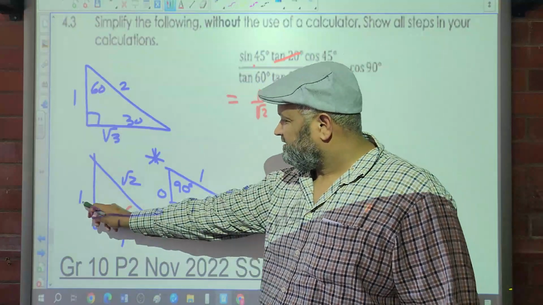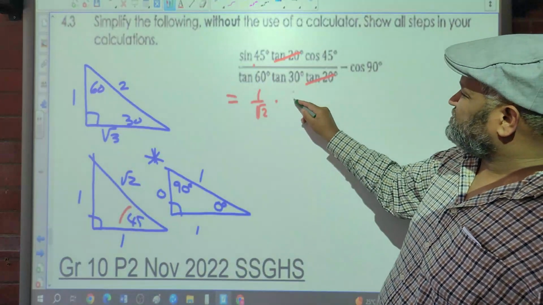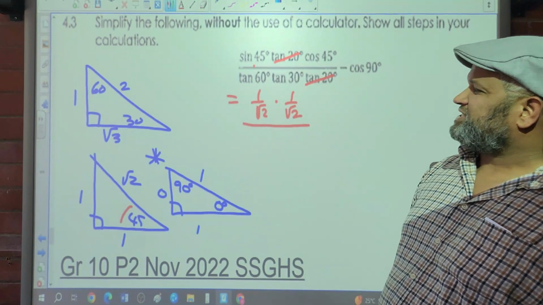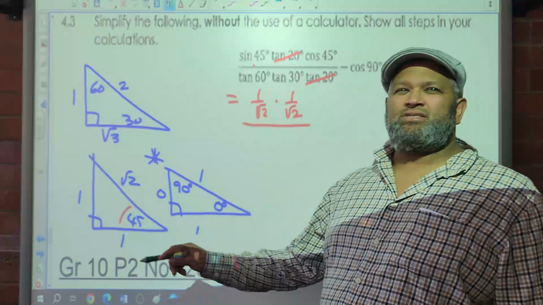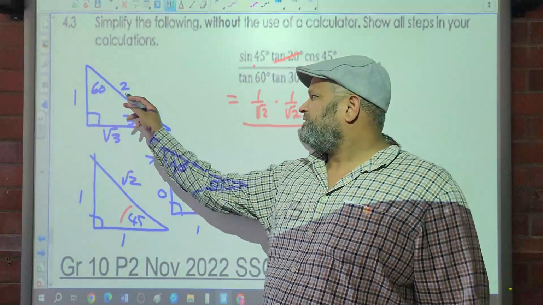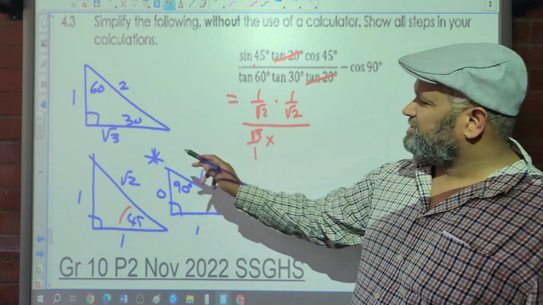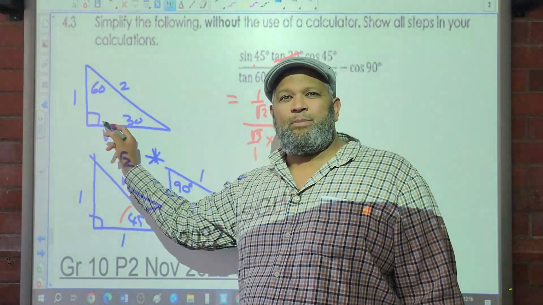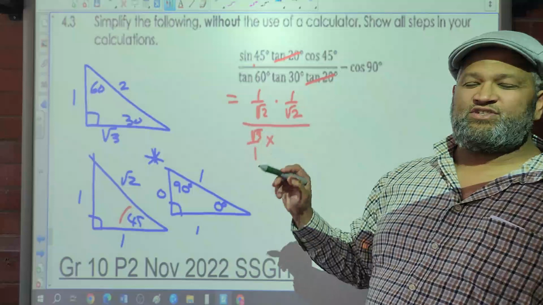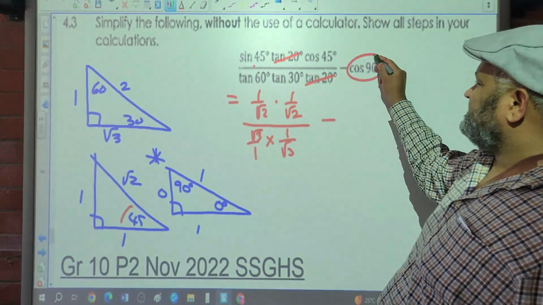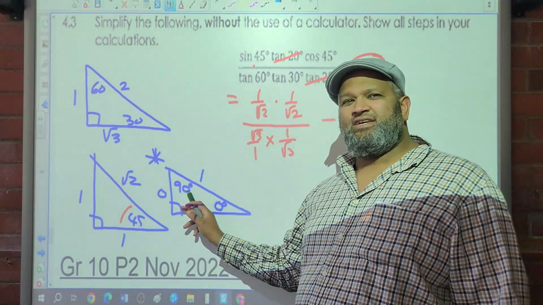Sorry about that. So it's adjacent over hypotenuse, which is 1 over root 2, not so? Over tan of 60. Tan is opposite over adjacent. So it's root 3 over 1 times tan of 30. Opposite over adjacent is 1 over root 3, minus cos of 90. Cos is?